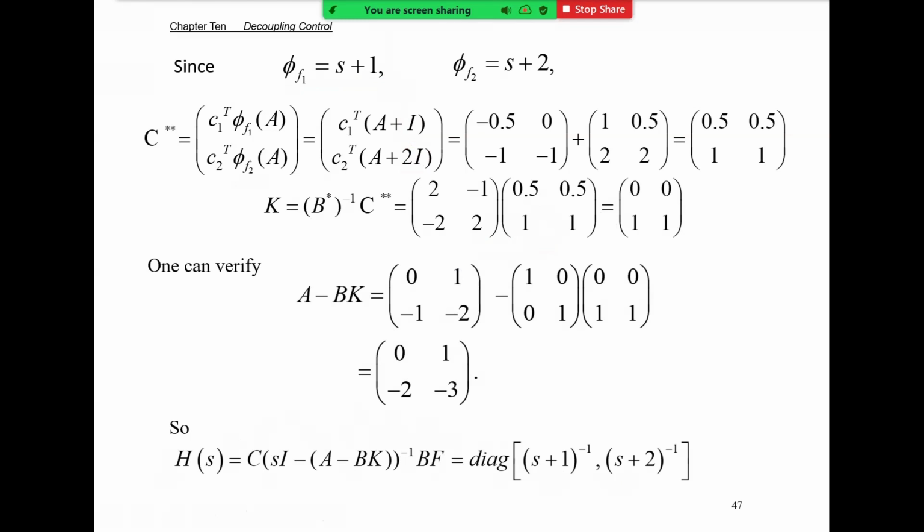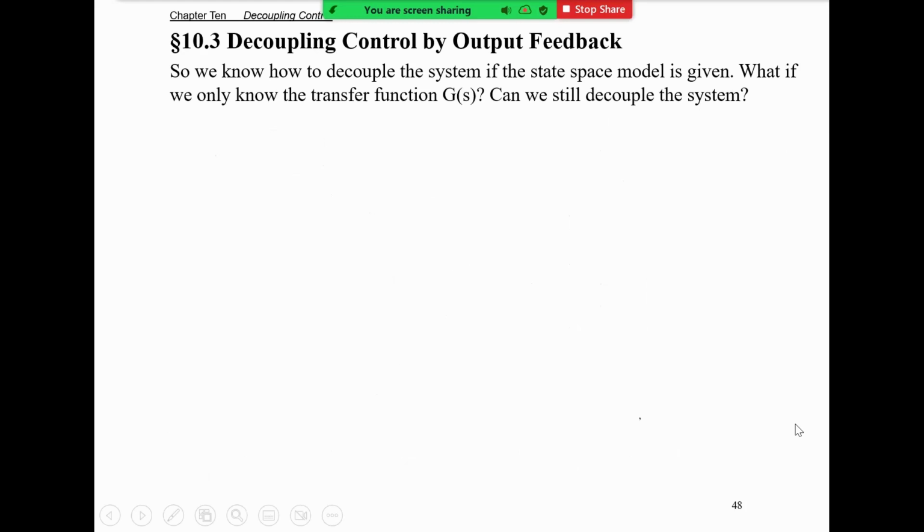So for your mini project, if there is a decoupling problem and you use the state space approach, of course you have to try to make it stable. You don't want to decouple it into integrators. You have to use the theorem to do that. Okay, so that finishes the scheme for the state space approach.